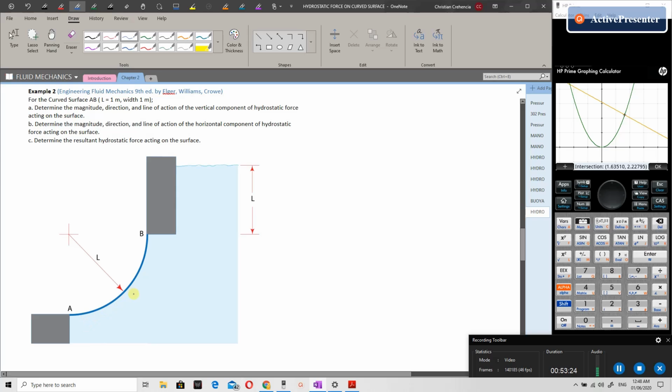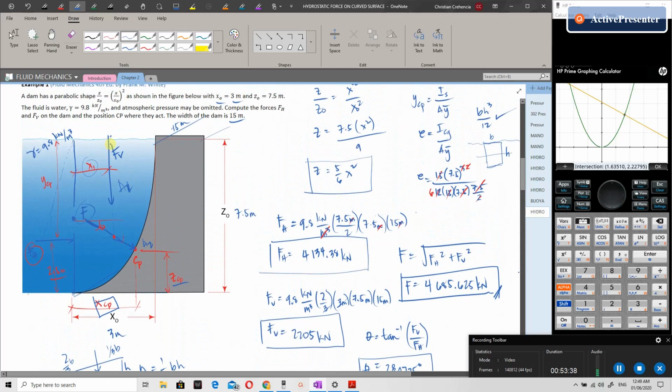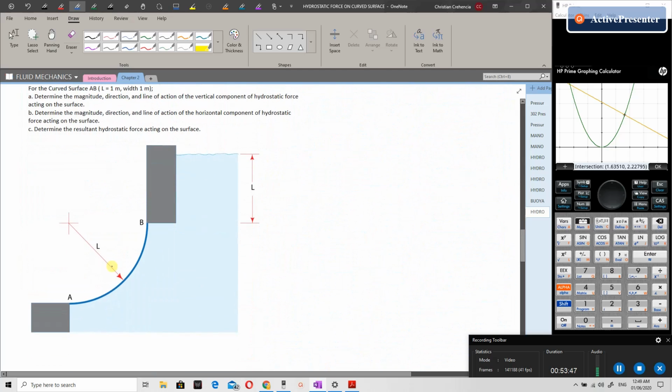Pero ang difference is yung liquid or yung water natin is under nung ating gate, hindi siya above. So kung titingnan kasi natin, sabi natin yung vertical component ng hydrostatic force is simply equal to the weight nung liquid directly above nung ating gate. But in this case, wala naman tayong liquid directly above.